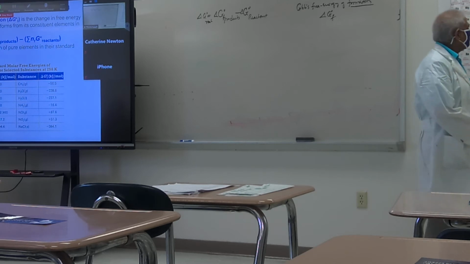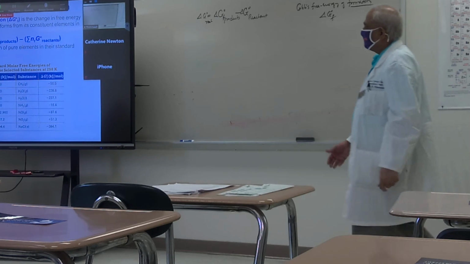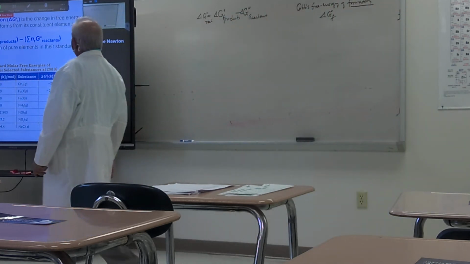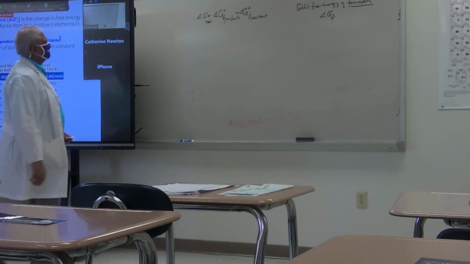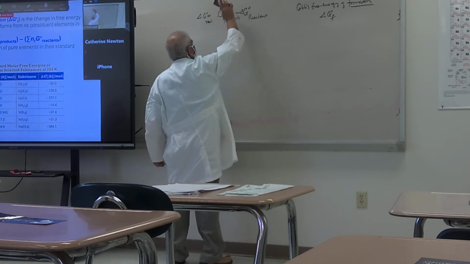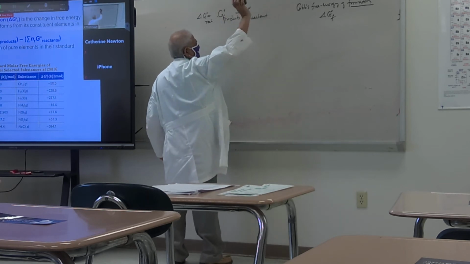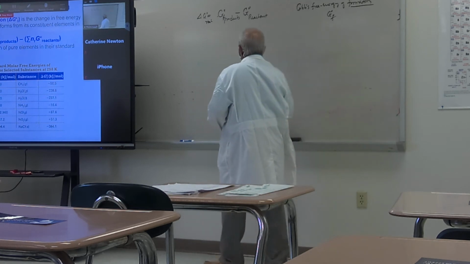The heat of formation of the gases like N2, O2, F2, Cl2, they are all 0. You must know that. And we will give you the data, if you don't have that in your table. It gives free energy of formation.